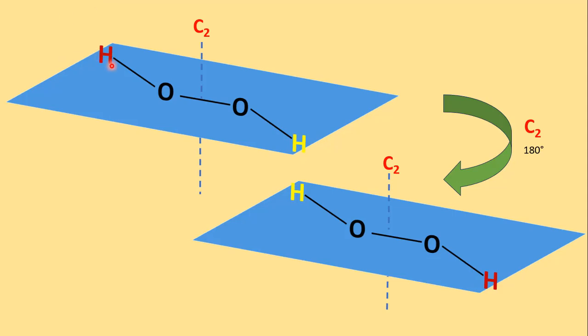This brown hydrogen atom comes here, the yellow hydrogen atom goes there, and upon another 180 degree rotation, the original positions are restored. Upon 360 degree rotation, the same appearance is repeated twice, and so the axis is C2.